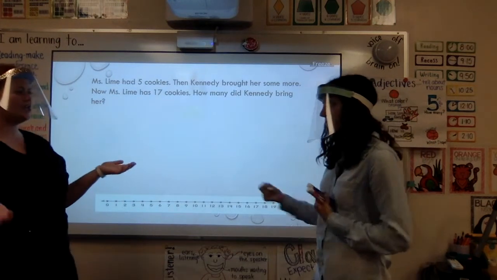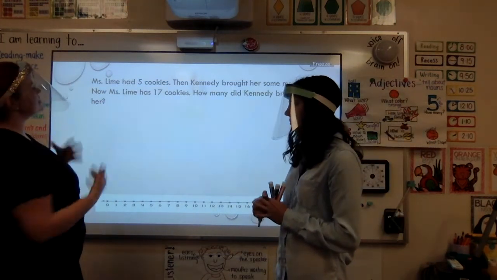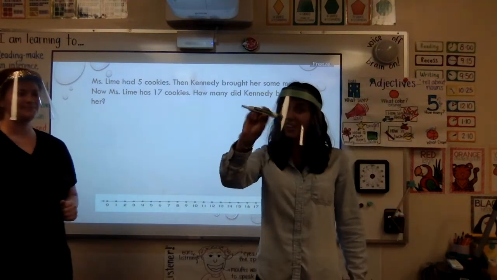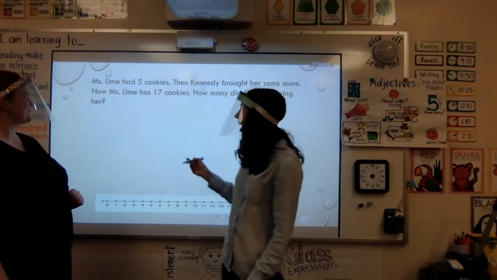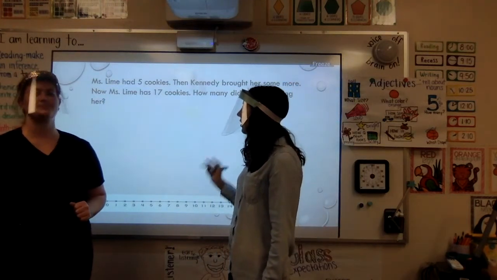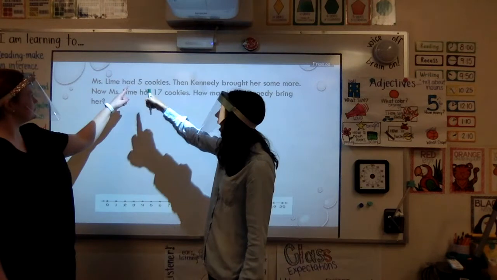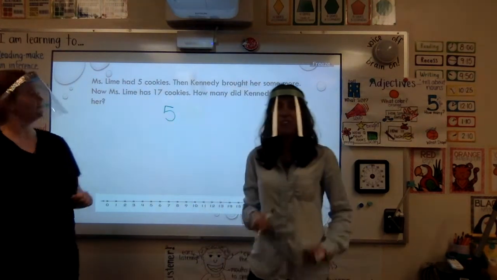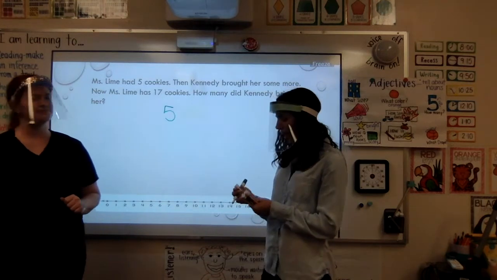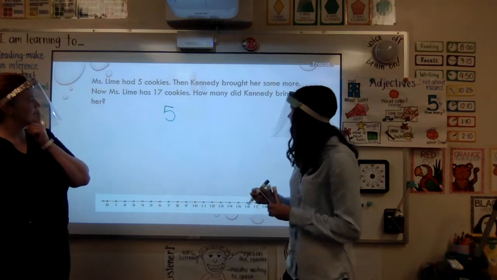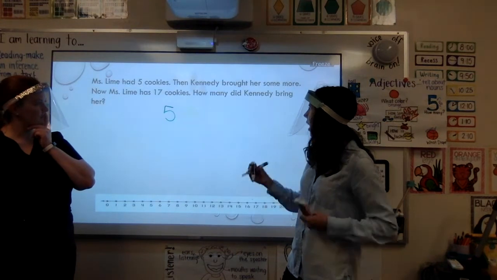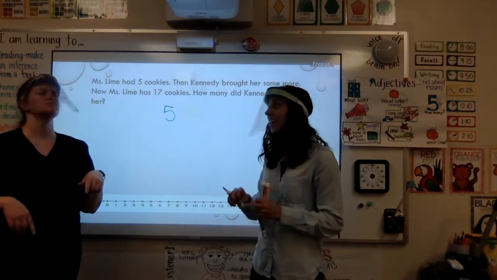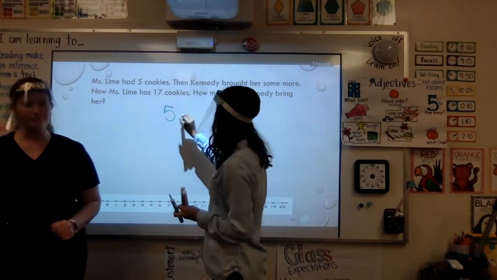The first thing we need to do is set this problem up. Miss Lestico, how are you going to set up this problem? Well, I'm going to start with my starting color, green, and look for the first number in my word problem. It says Miss Lime had 5 cookies, so she started with 5 cookies. Next, it says then Kennedy brought her some more. More tells me I have to use addition because the numbers get bigger.